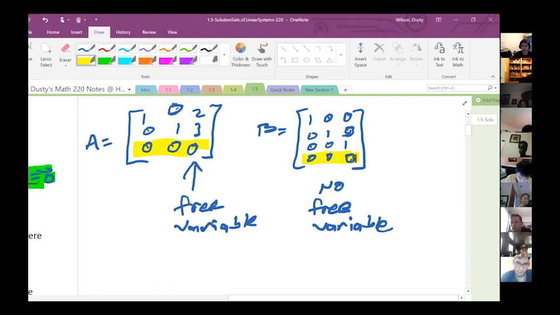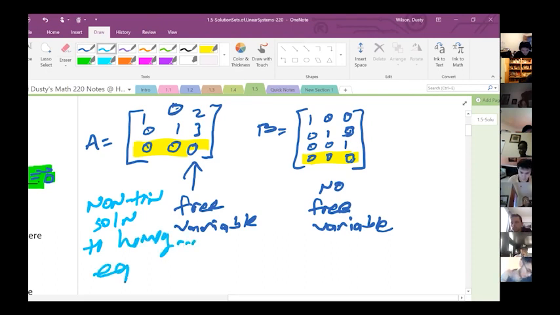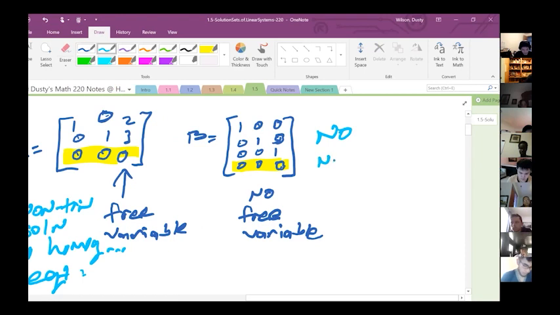Did that answer your question, Hui? Yes, pretty much. So again, just to be clear, in this case, there would be non-trivial solutions to the homogeneous equation. And on the other side, here there would be no non-trivial solutions.